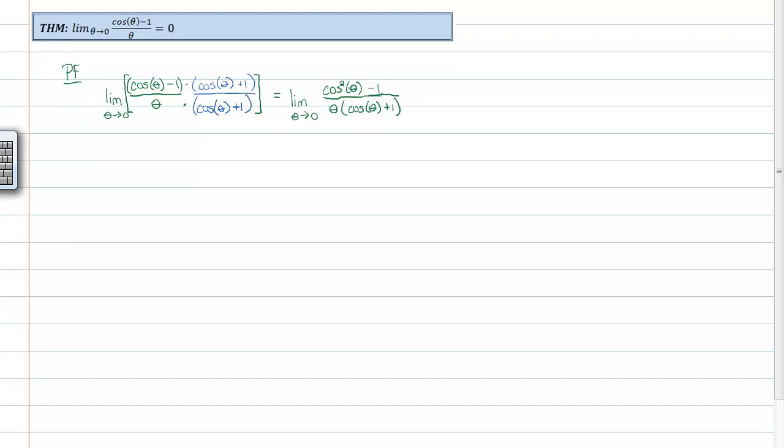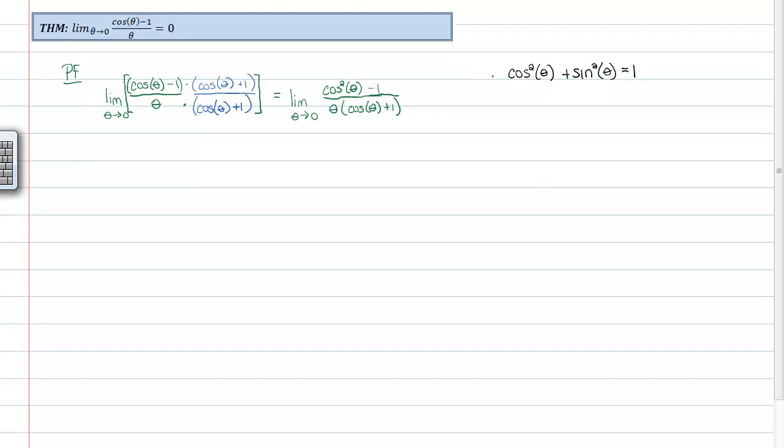Well, let's take a look at this. That cosine squared of theta minus 1 is very close to a trigonometric identity. Maybe I should have said that you must know trig, but that's kind of a prerequisite of calculus. Let's write down the trigonometric identity that I'm thinking of.